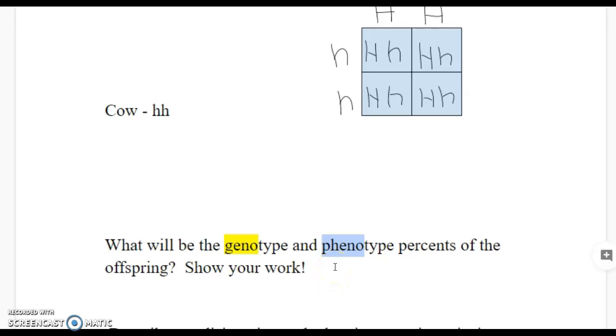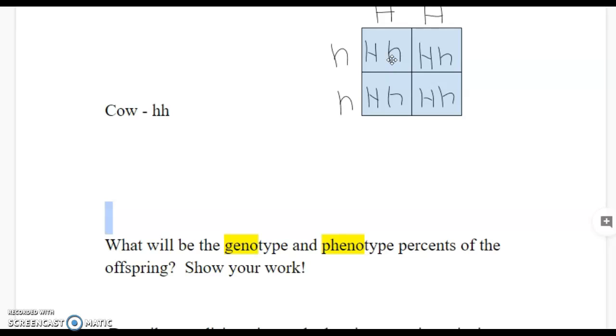The phenotype is the physical trait that you're going to be able to observe based on the genotype. So you have the genes that you got from the parents. The H's, those are the alleles, those are the genes. A dominant gene came from the bull, and a recessive gene came from the cow.